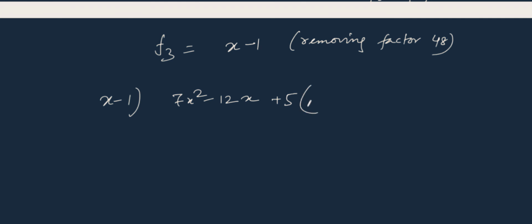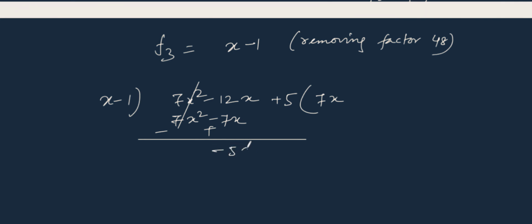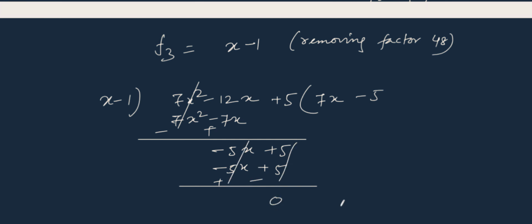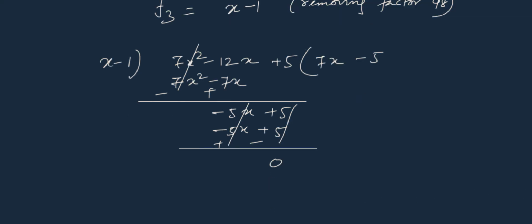So 7x square minus 7x, negative positive get cancelled, negative 5x plus 5, negative 5x, positive 5, positive negative get cancelled, and 0. That means F3 divides F2 without remainder, and this shows that the given equation has a multiple root.